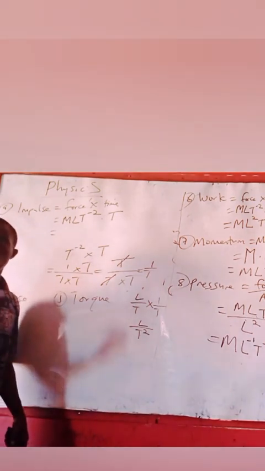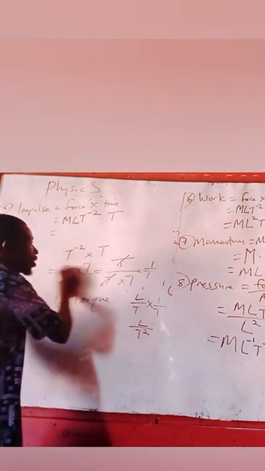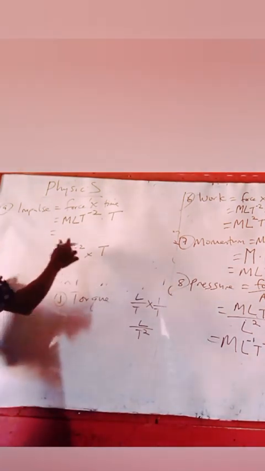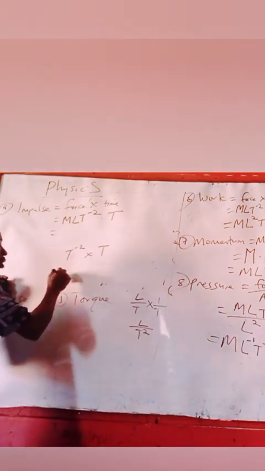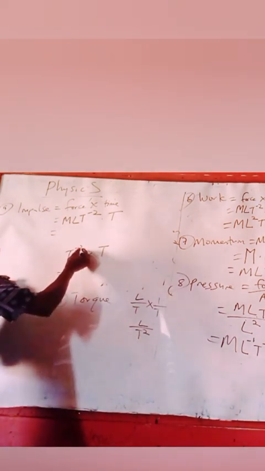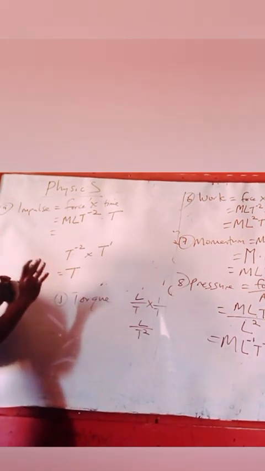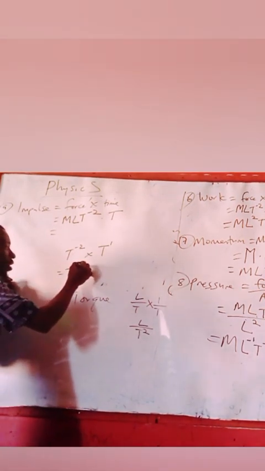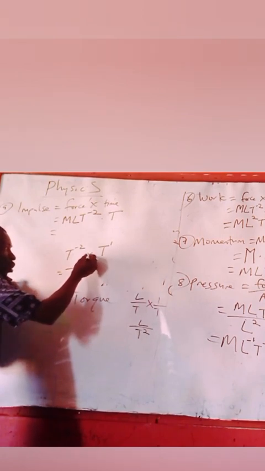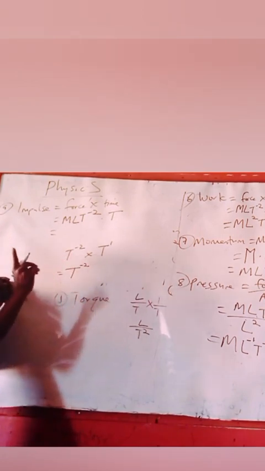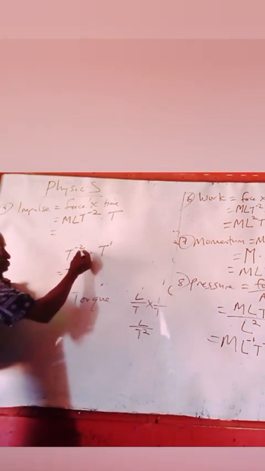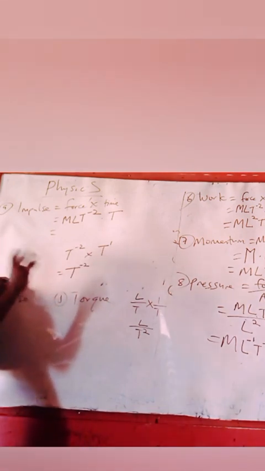In another way of breaking this, the power of this T is minus 2 and the power of this is 1, because anything raised to the power 1 is itself. Since multiplication is involved, from the multiplication law of indices, the bases are the same, so we will simply add the powers.